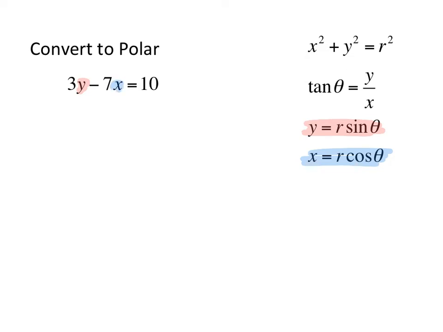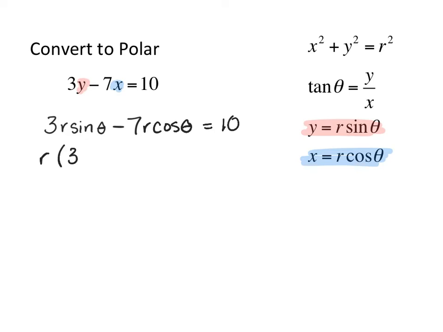So I'm going to go through and carry the 3. And instead of y, I'll have r sine of theta, minus 7, and instead of x, I'll have r cosine of theta, and that's going to equal 10. If you remember, our goal is to solve for r. Usually with polar equations, it's best to get r alone. So I'm going to factor the common factor of r out.